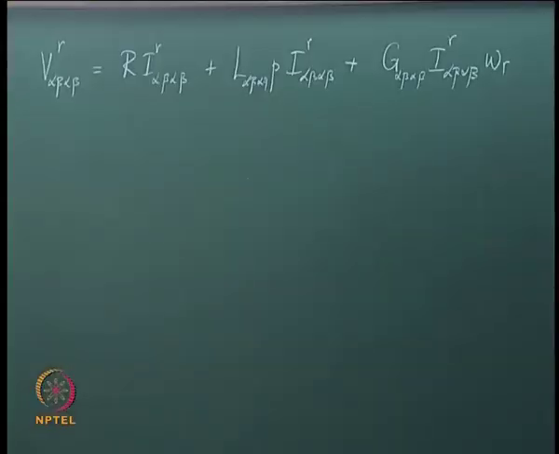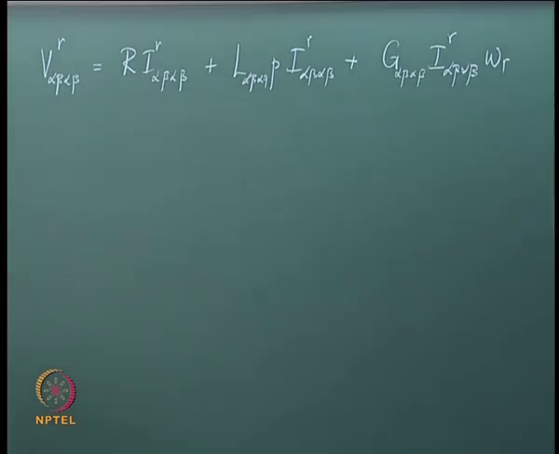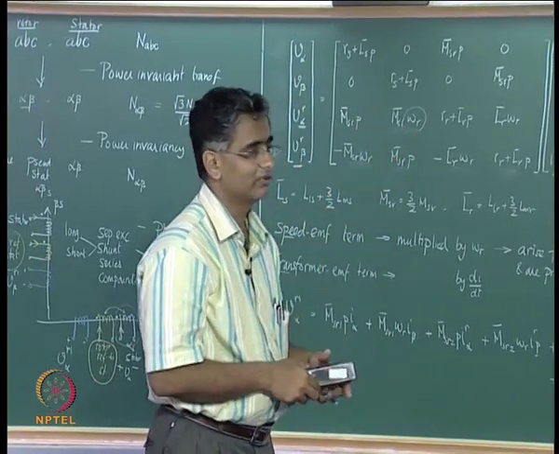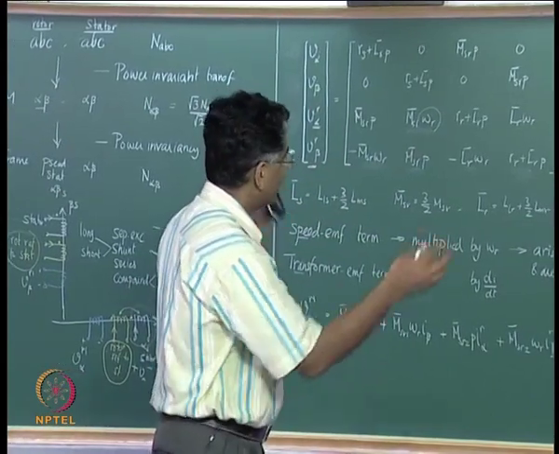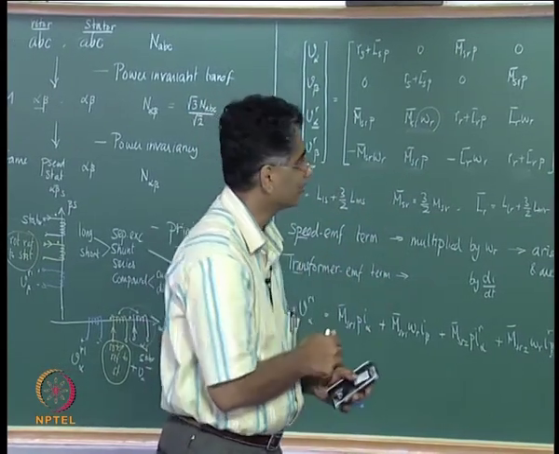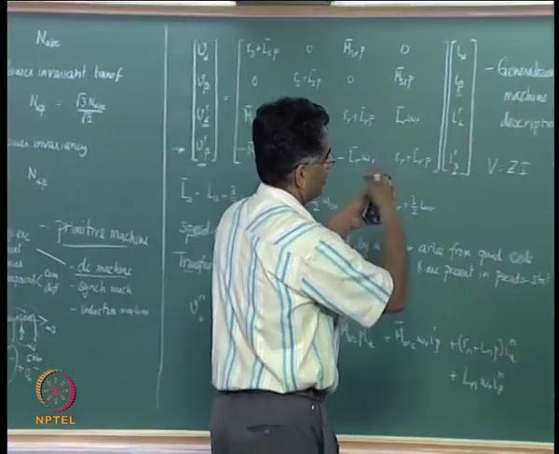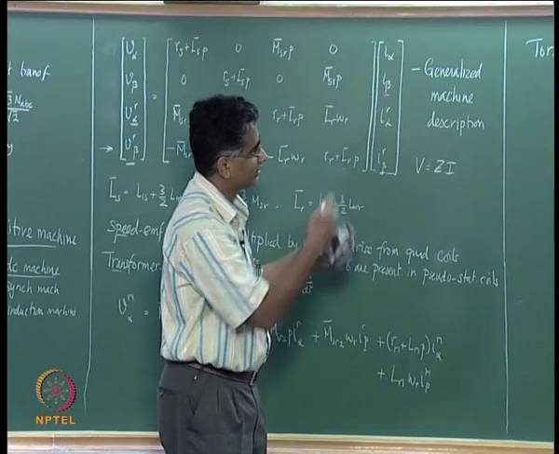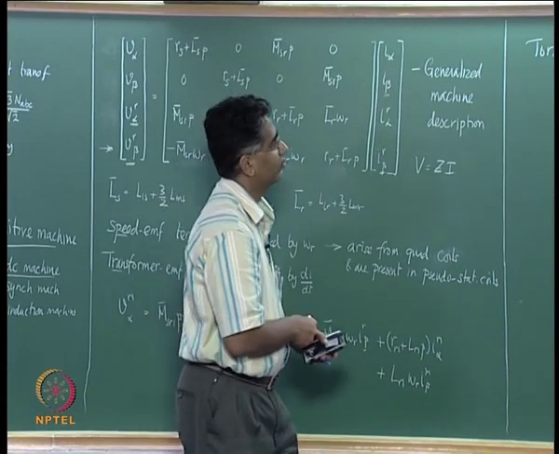So the derivation that we made in the last lecture brought about an equation in this form, and then we compressed it into the operational impedance matrix. It helps to expand this in a similar form here. So this is the matrix that we have.